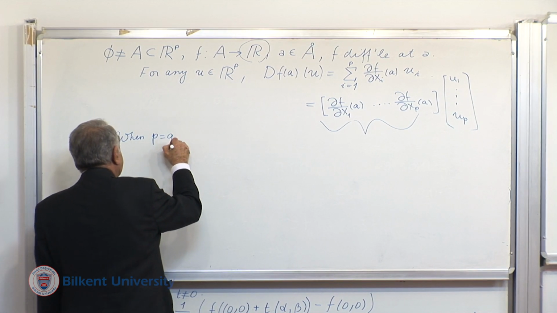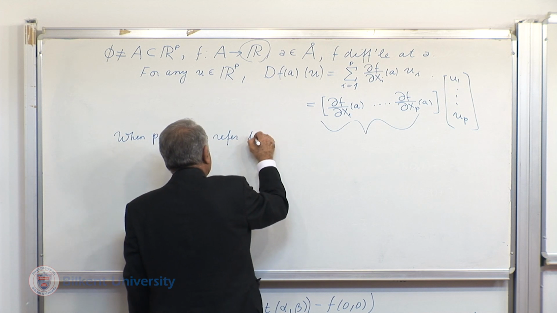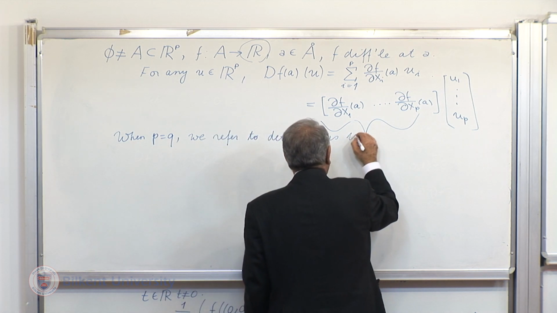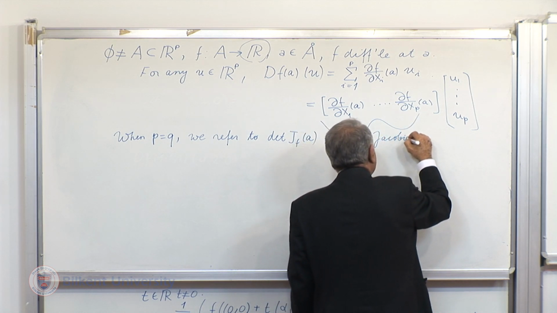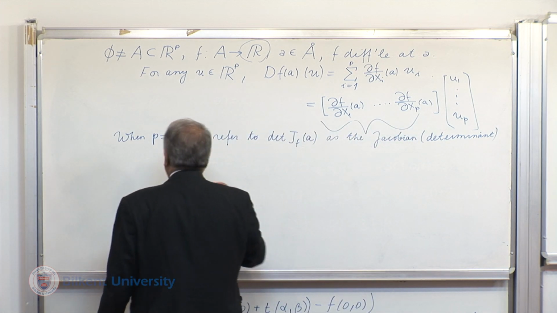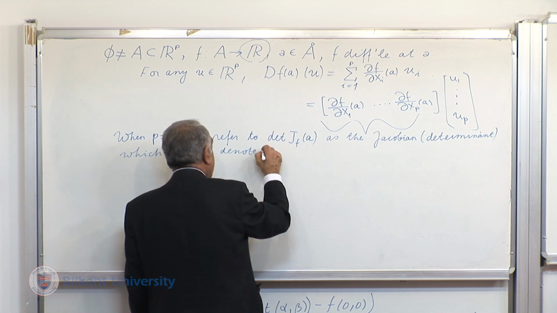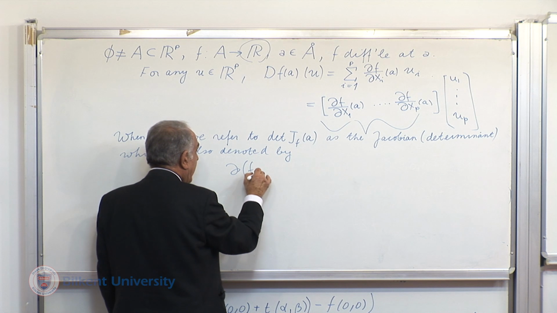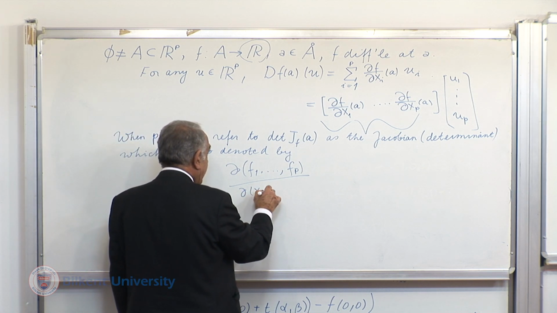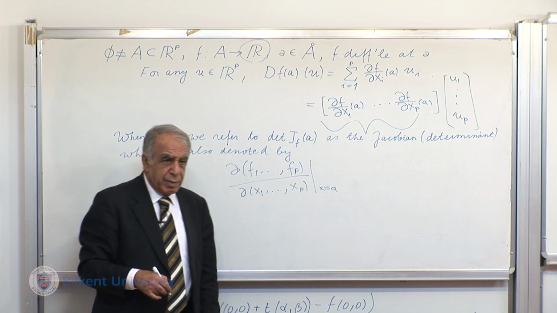p is equal to q. We refer to the determinant of J_f(a) as the Jacobian, but we will also use the determinant explicitly, which is also denoted by del(f_1, ..., f_p) over del(x_1, ..., x_p), with q and p equal to each other, this when x is equal to a.